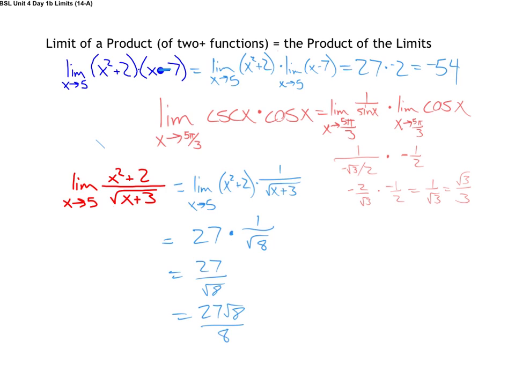Or I guess we'll just do it now. That's a 2 root 2, and the 2 will cancel with the 8 on the bottom, so it would be 27 root 2 over 4. But it can be a decimal. Okay, you can do it as a decimal if you've got your calculator for that.